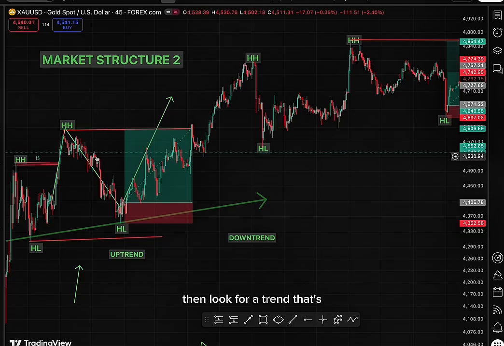Then look for a strategy that follows the trend. You keep doing that. Look for a strategy that follows the trend, whether a downtrend or an uptrend. Consolidating structure goes sideways, no clear direction. Don't trade that.